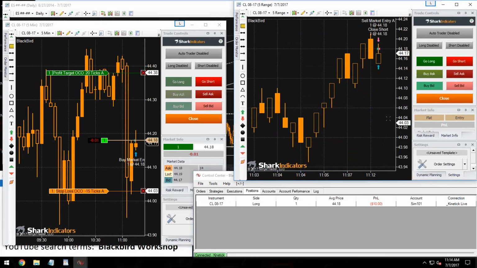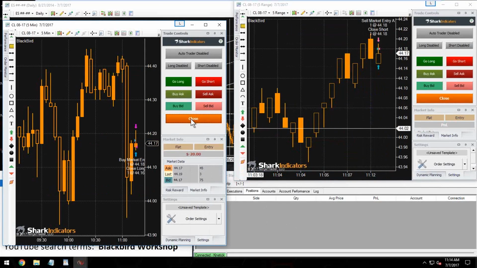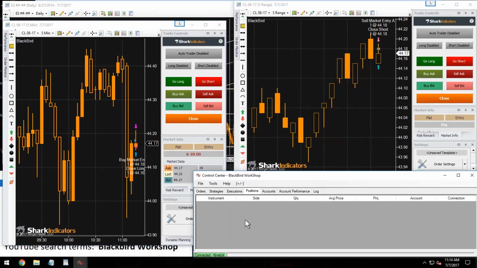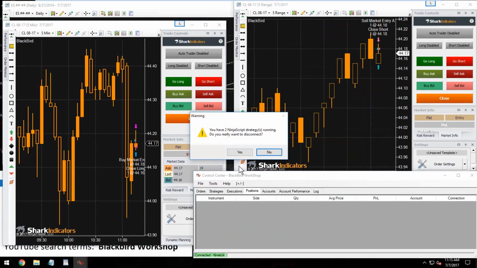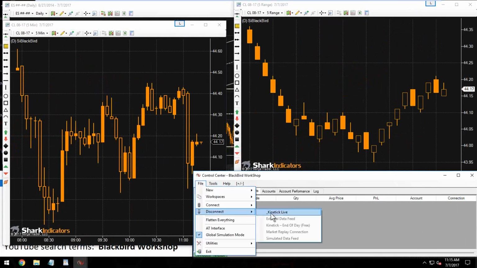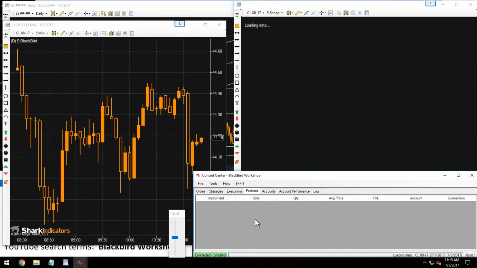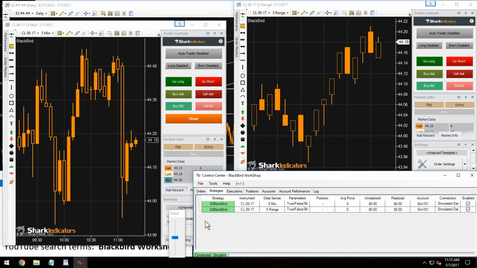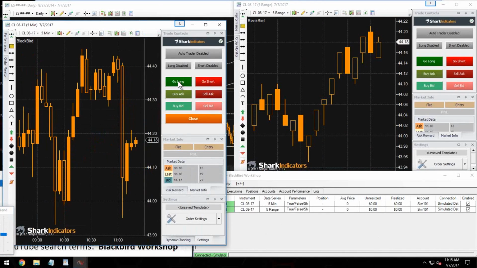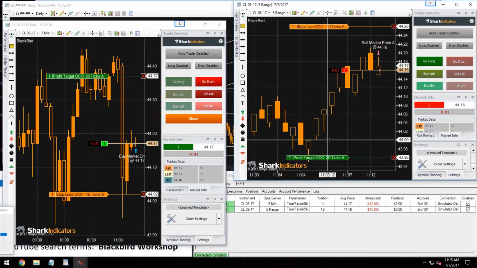All right, let's exit this and let me switch over to a simulated data feed. All right, let's get these BlackBirds turned back on. Okay, great. So we'll go long on the left and we'll go short on the right.